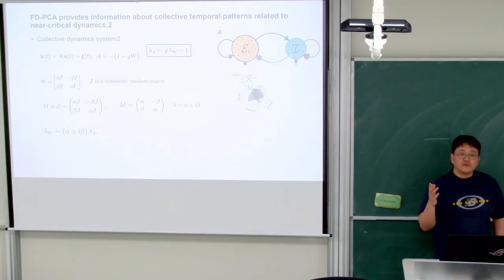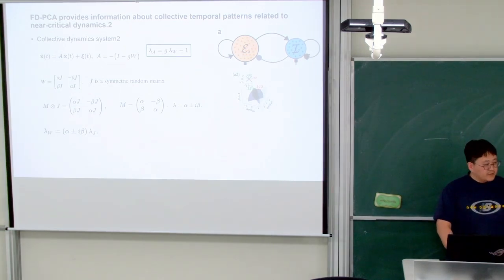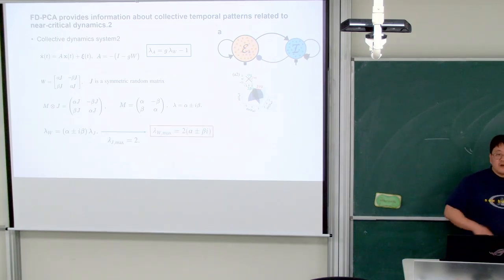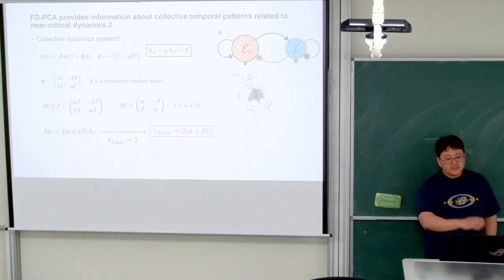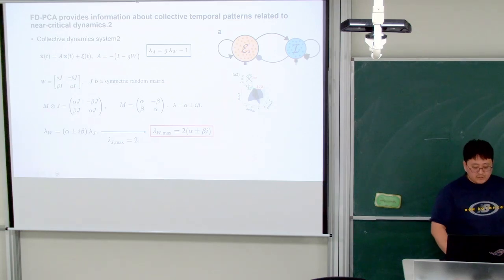Random symmetric. So we can use the random matrix theory, right? They assume the specific random matrix, and the eigenvalue of that random matrix has a maximum of 2. So after multiplying, you will get this eigenvalue of W, and the maximum of the eigenvalue for J is 2. Then the maximum eigenvalue of W is this, right?